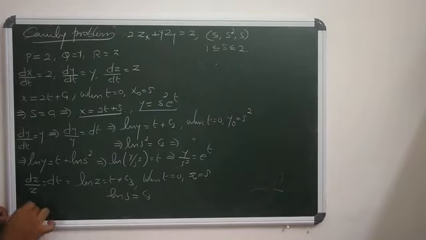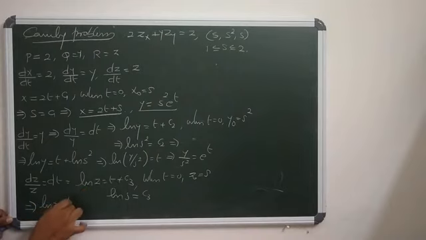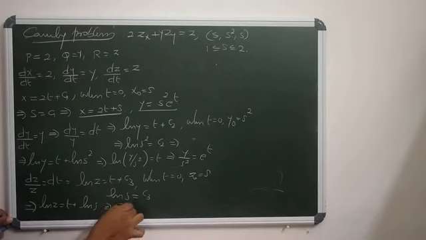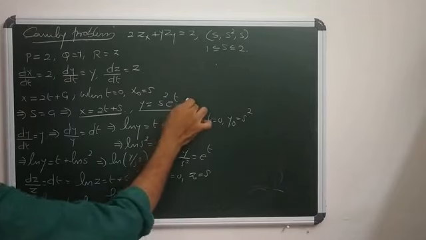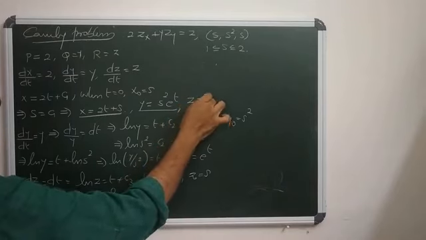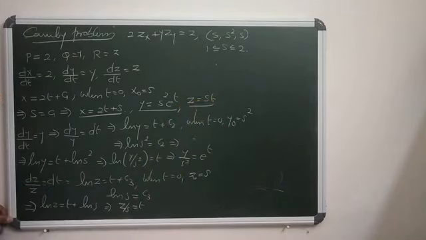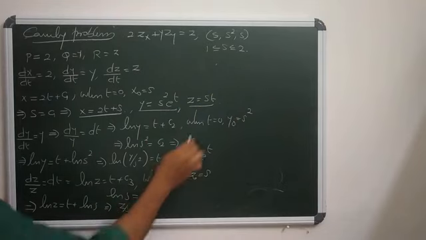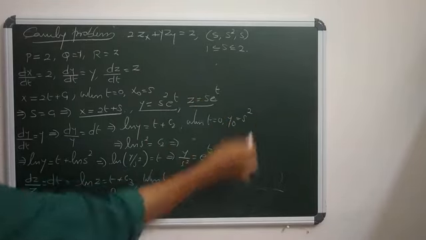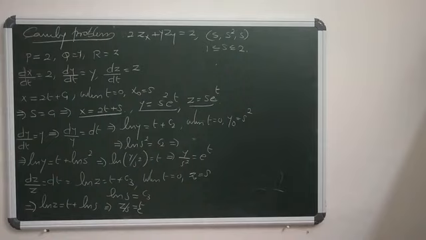So log z equals t plus log s, that means z by s equals e power t, or z equals s into e power t. So here x equals 2t plus s, y equals s square e power t, and z equals s into e power t.